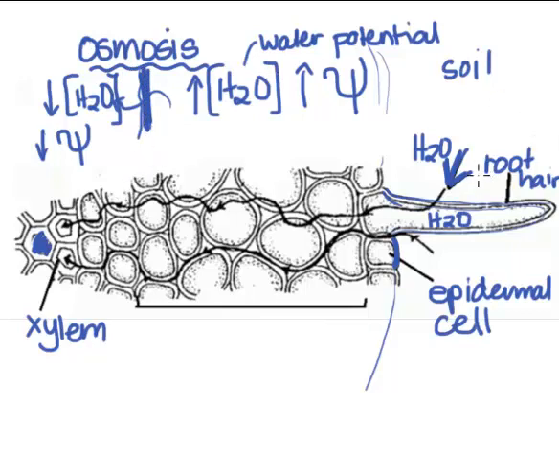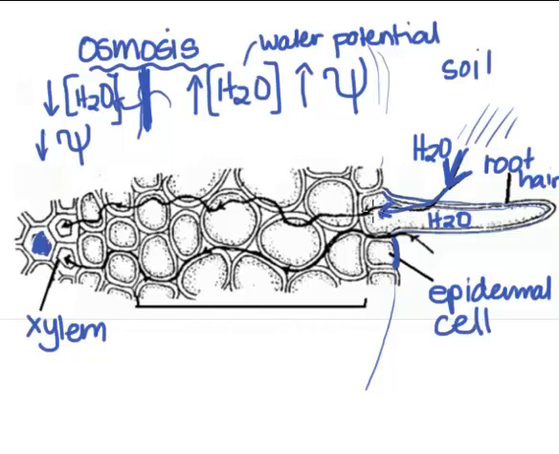Now this is what happens here in the root hair. There's lots of water in the soil, high water potential in the soil, low water potential inside the cytoplasm, and so water osmoses into the cell.